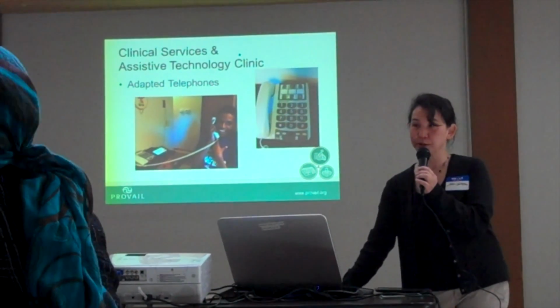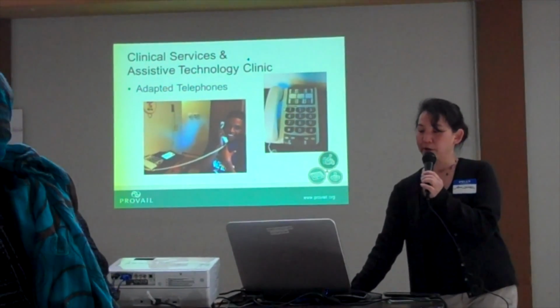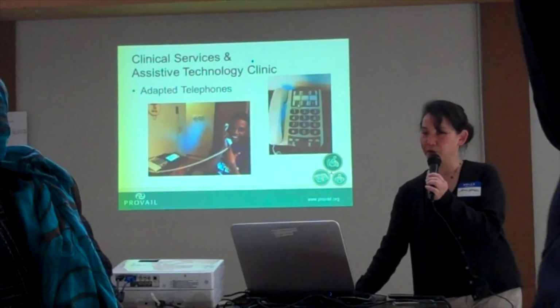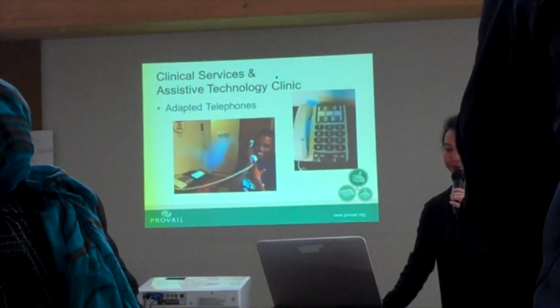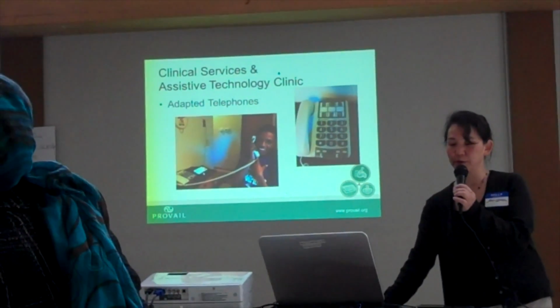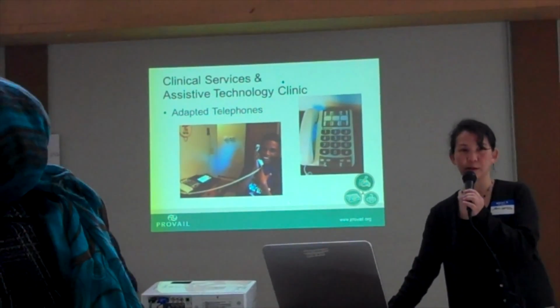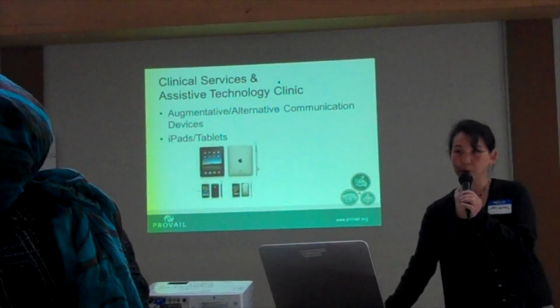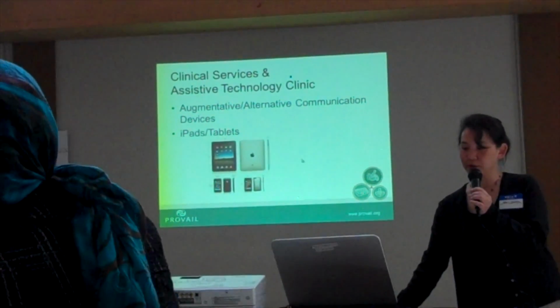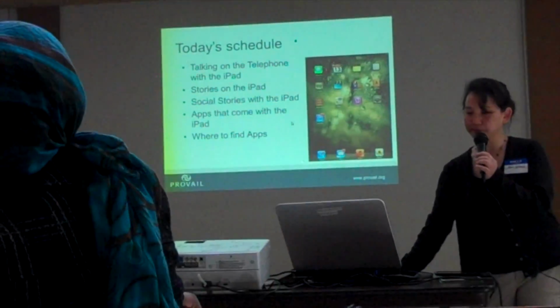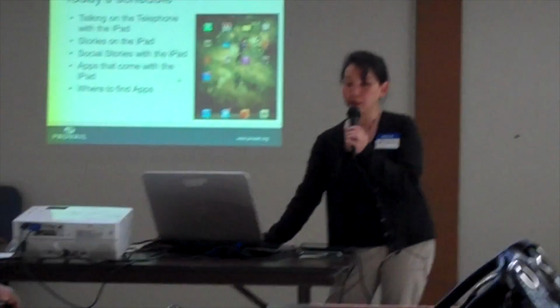This one has pictures. So Frankie pushes a picture of his grandma and it dials his grandma. And then over here in the corner, he has a communication device that speaks out loud. We do work with people with iPads and tablets doing communication. Today we're going to look at the iPad with talking on a telephone.